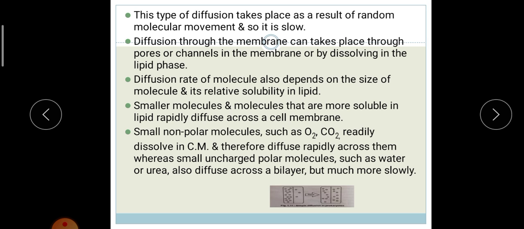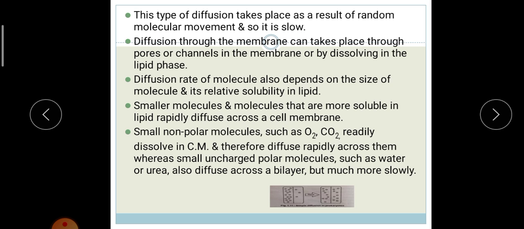Diffusion through the membrane can take place through pores or channels in the membrane or by dissolving in the lipid phase. Already you know that the cell membrane is composed of a phospholipid bilayer, right? Lipid membrane as the bilayer, right? Then the diffusion takes place through what? Whatever pores or channels are present in that specific cell membrane.